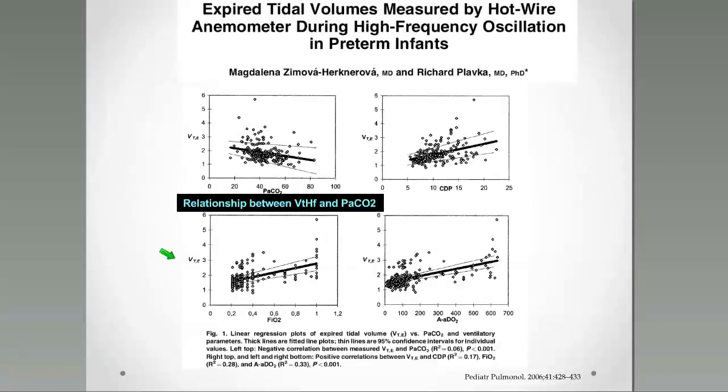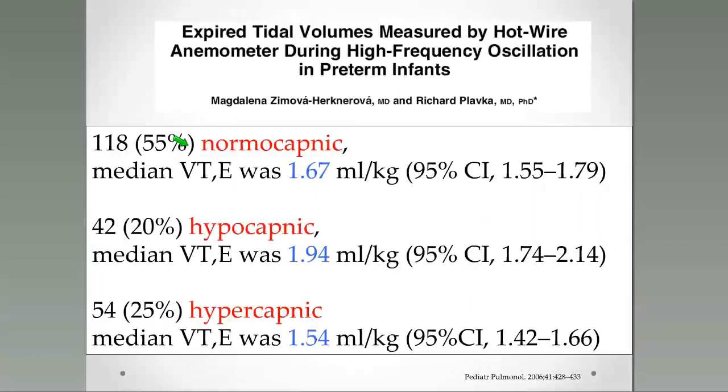What she saw is that there was a very nice and clear relationship between the tidal volume that she was measuring with the flow sensor and the PCO2 at the arterial line. And even more, most of the babies who were normocapnic were using close to 1.7 ml per kilogram.